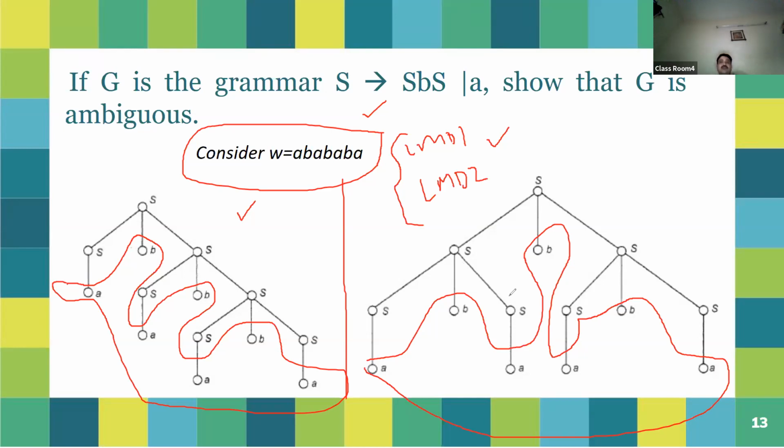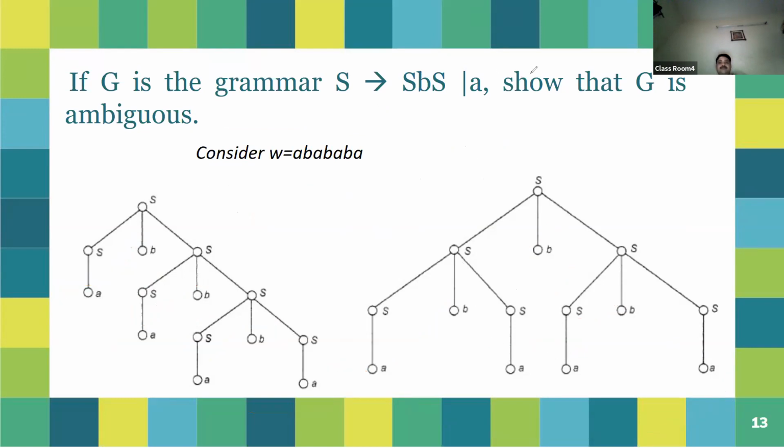Now does anyone else have a doubt? Okay, good, it is clear. Now the point is, suppose any grammar has ambiguity, how can we remove the ambiguity? The point is the elimination of ambiguity.